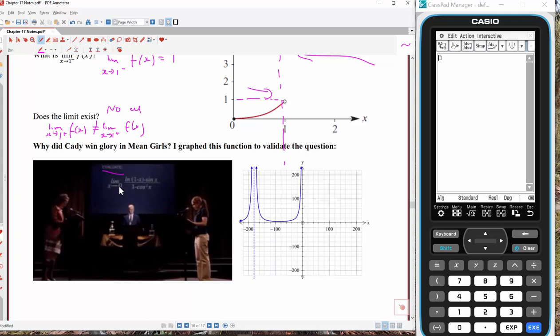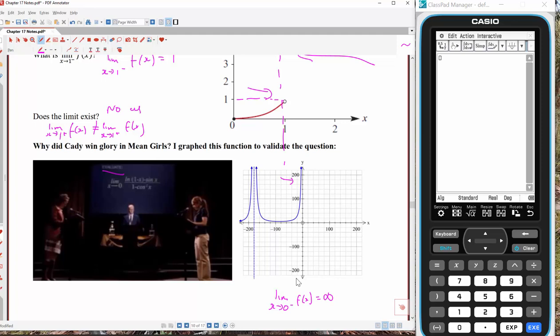So limit as x approaches 0. We're going to test whether the limit exists. Here's the graph of the function. I graphed this myself just to see whether the movie was correct. The limit as x approaches 0 from the left-hand side: we're approaching x is equal to 0 from this side, and we can see that the y values approach infinity.